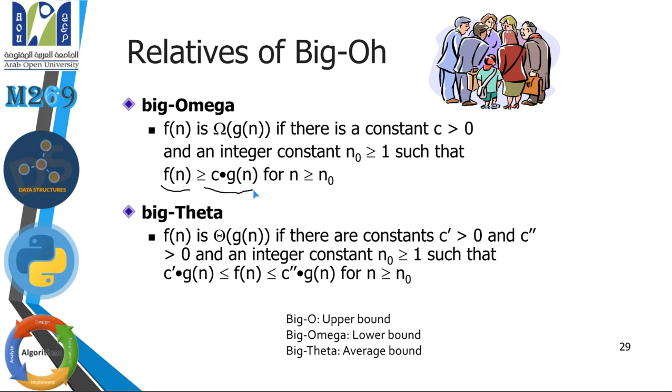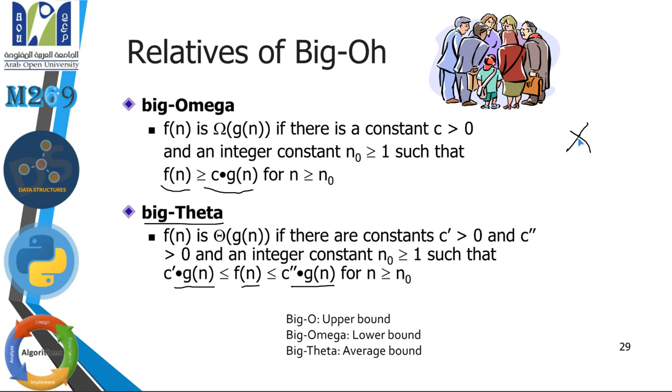By the way, I will go into more detail about omega and theta. Theta is actually the average case. So here, f(n) is less than or equal to g(n) and greater than or equal to g(n). What do we mean by saying this?